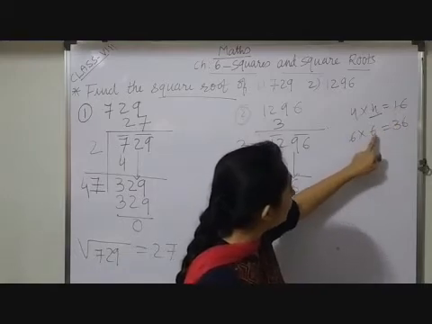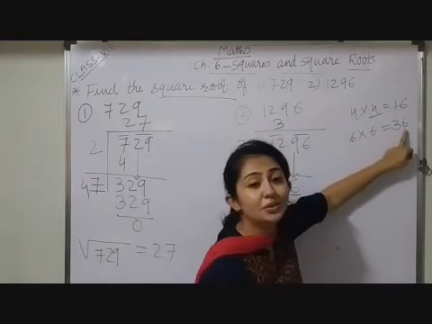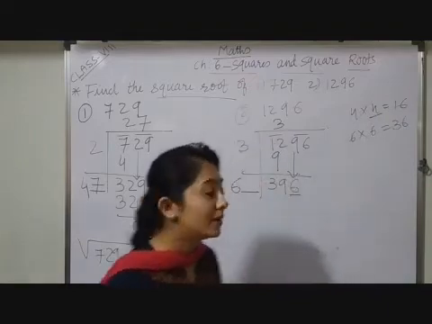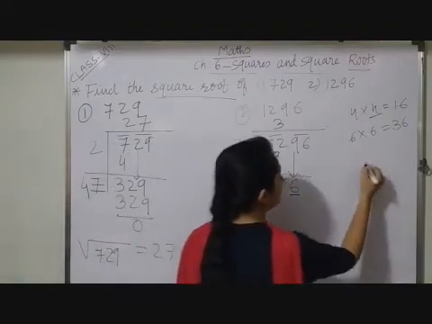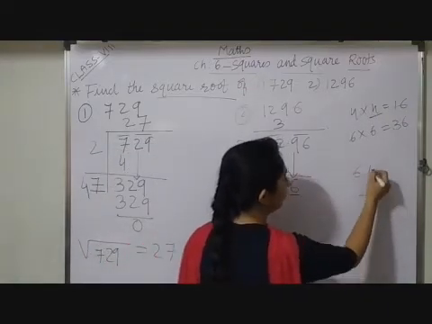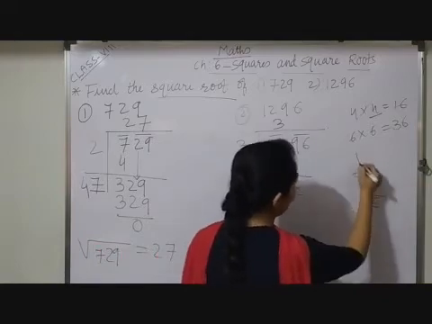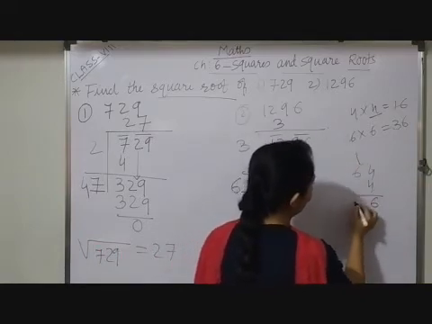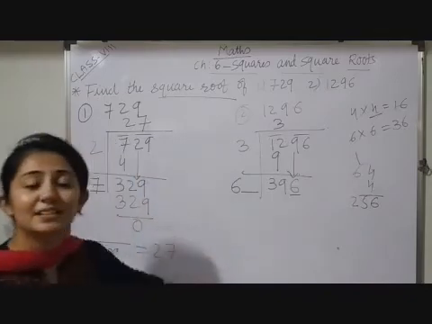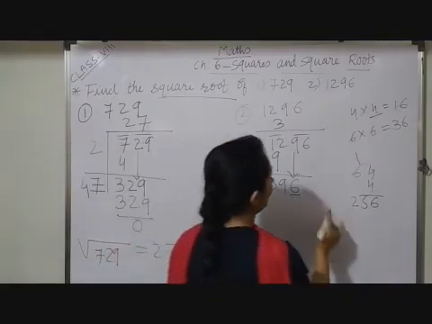Here also, if it is multiplied by 6, then only on its unit place 6 will be possible. So let me try with 64: 4 4s are 16, power 1, 6 4s are 24, plus 1, 25, 256, which is lesser than 396. So I cannot apply this.